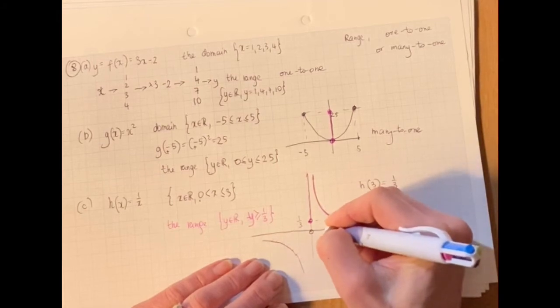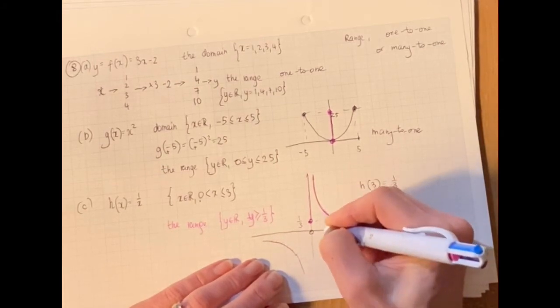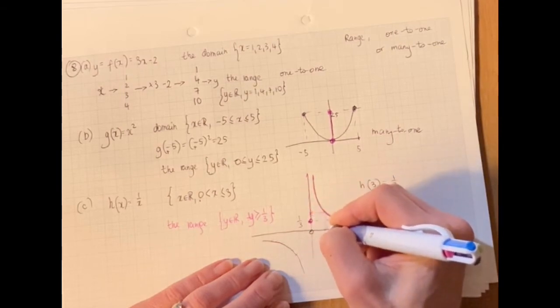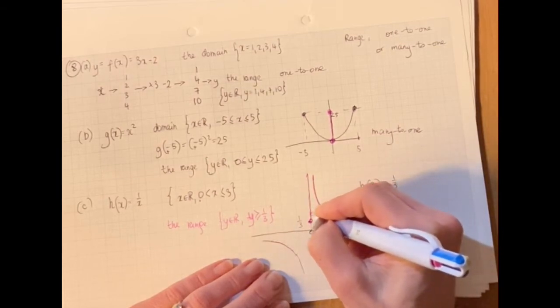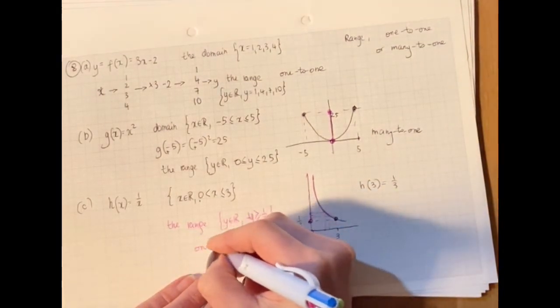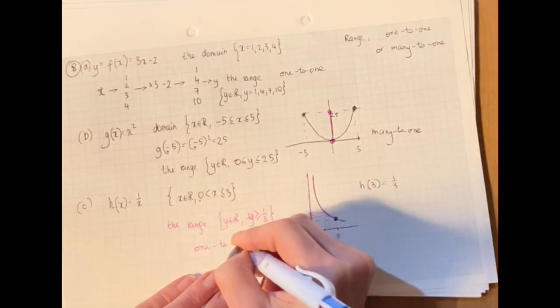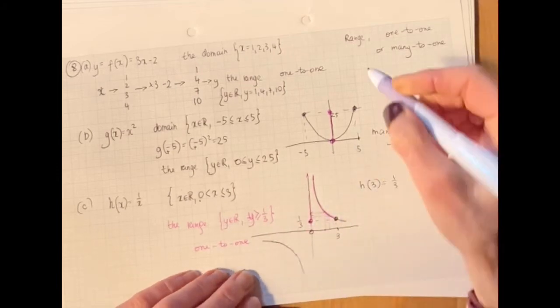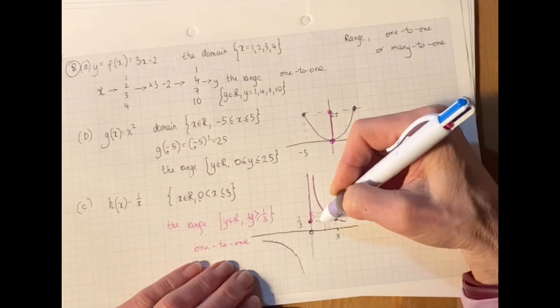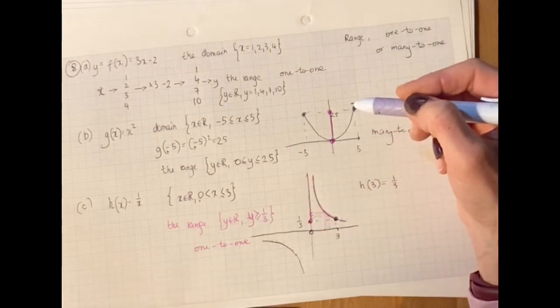For any value on the x-axis, you will get a unique y value anywhere you go from 0 to 3. There you go. So this is a 1-to-1 function. So 1-to-1 function, if you can just imagine straightening it to make a line, that will always be a 1-to-1 function.